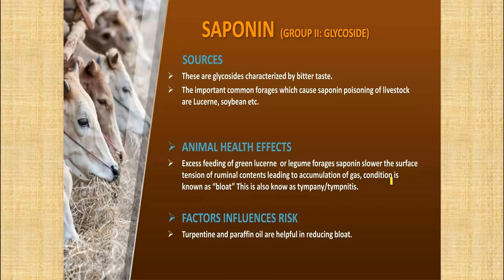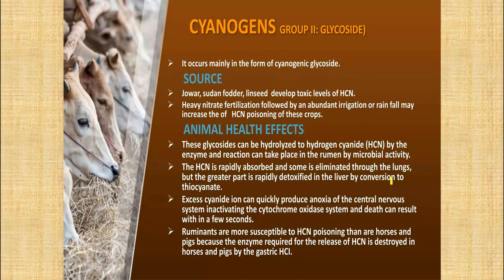Then regarding factors influencing the risk, turpentine and paraffin are helpful in reducing the bloat, and they have their own advantages and disadvantages.